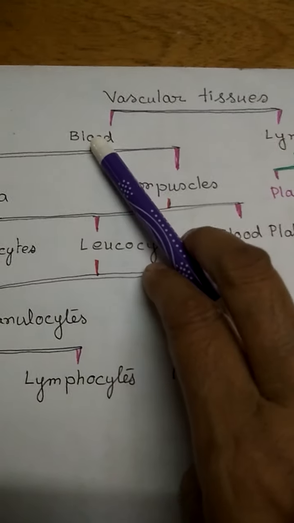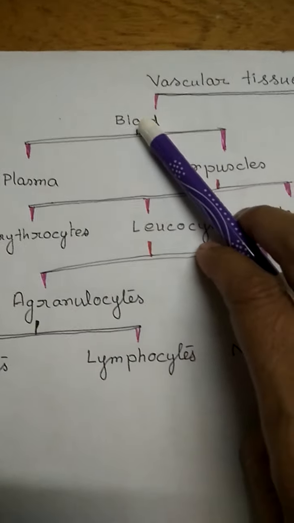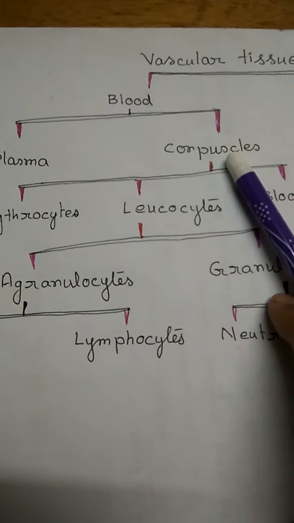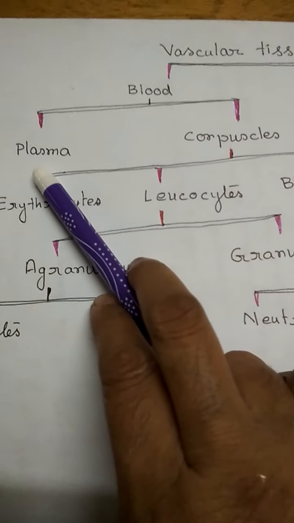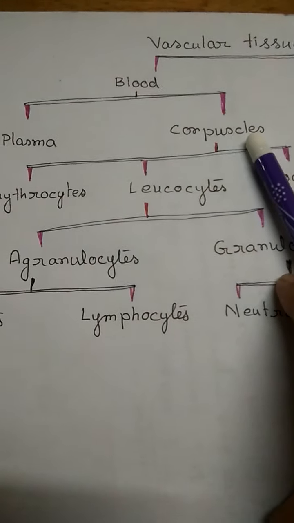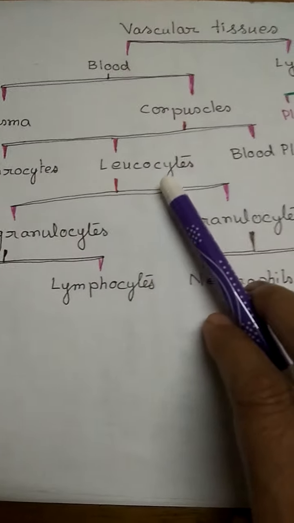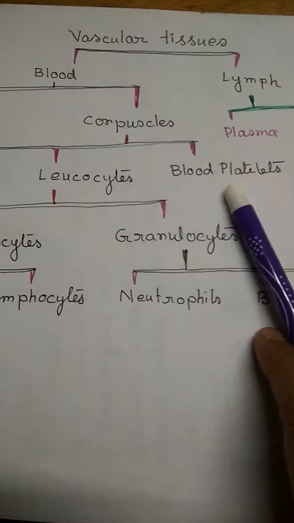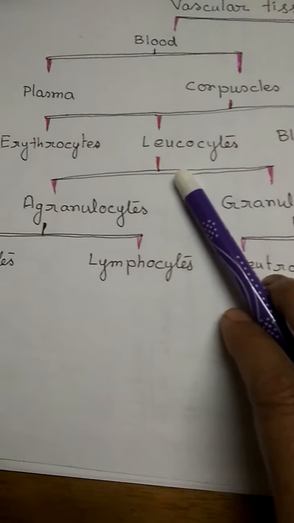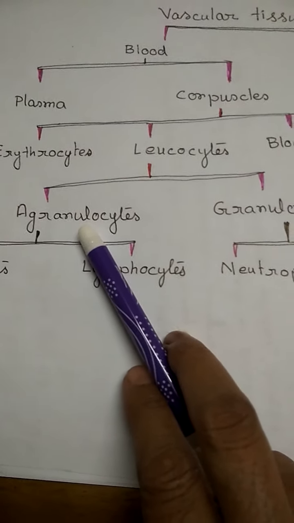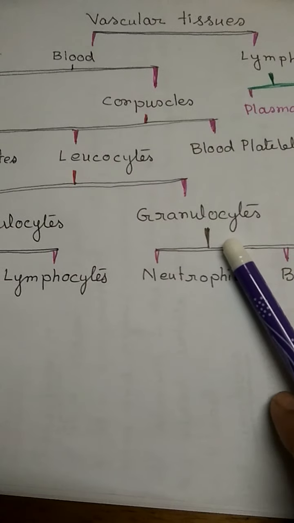Okay, so this blood again consists of plasma and corpuscles. Plasma is the fluid part and corpuscles are the cells. So this corpuscle is again divided into erythrocytes, leukocytes and blood platelets. Now these leukocytes again are of agranulocytes and granulocytes.